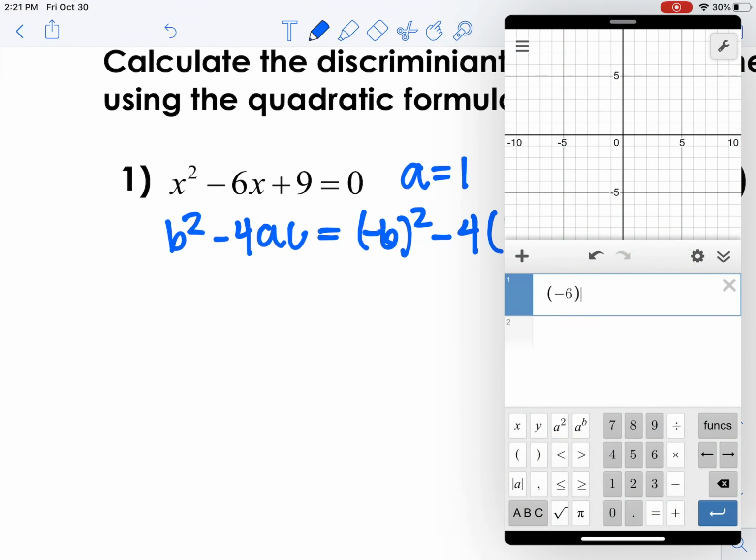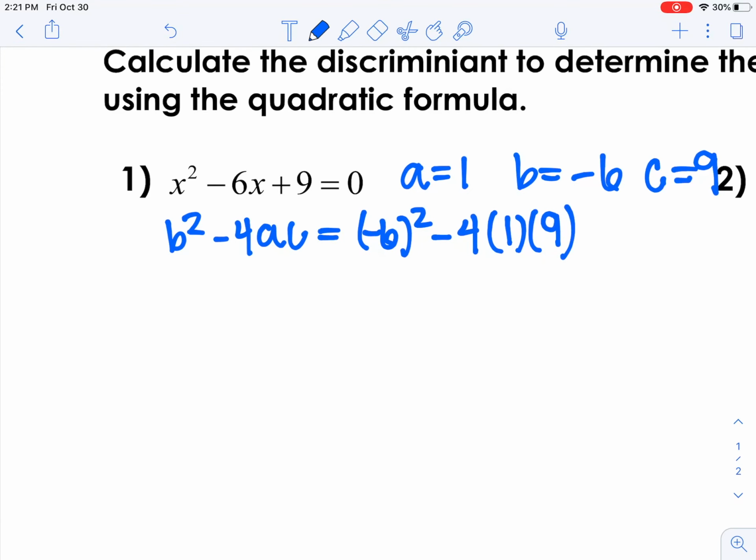Negative 6 squared minus 4 times 1 times 9 is 0. Okay. So if this is 0, that means we're going to have one real solution.